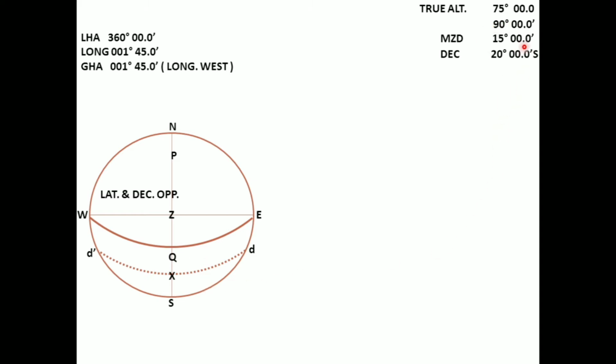In this case, zenith distance is 15 and declination is 20, so this possibility does not arise. We will not bother about this possibility. One possibility is gone. I purposely took this case just to make you understand this part of it. You might not come across a situation like this.